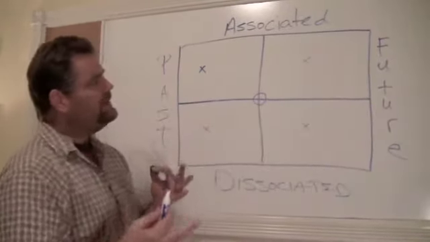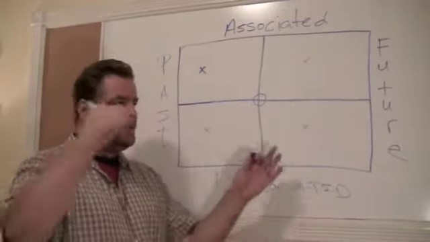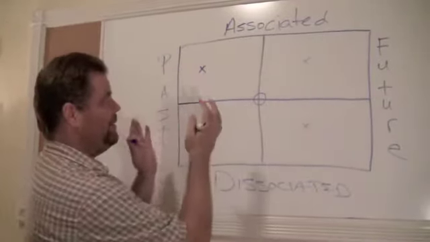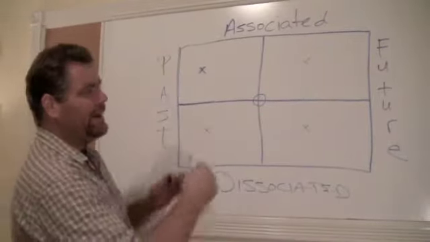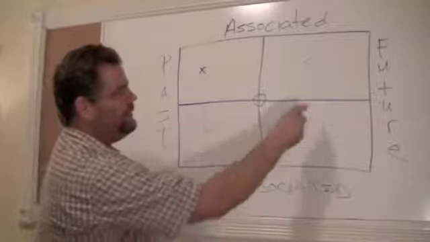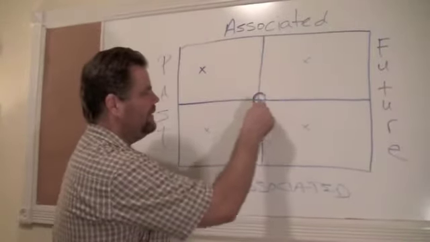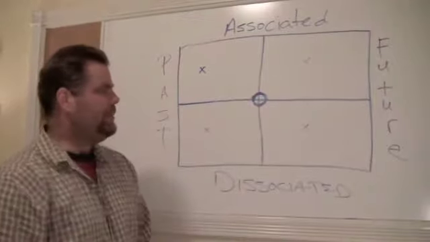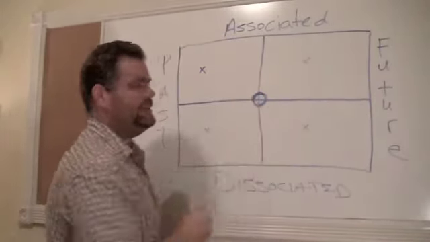Okay, so there are examples of, at any given time, wherever my attention is, I could be caught up in the past, associated, I could be dissociated, I could be in the past or the future. At any given time, I'm moving around this map. Now some people ask, what's this circle about? This circle is just to appease the people who say we can be in the present and still be internal.